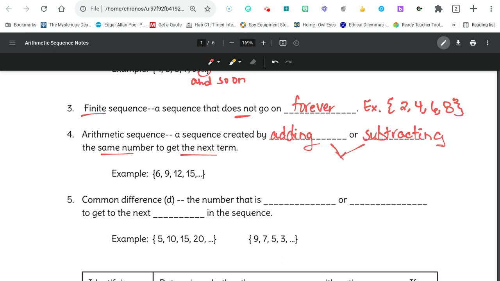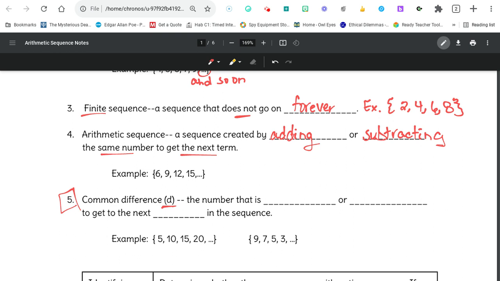It's called a common difference. Number 5, common difference, we're going to denote it D. So the variable we're going to be using for common difference is D. That's the number we're constantly adding or subtracting to get the next term. Instead of saying common difference all the time, a lot of times you'll just hear me say D for the difference.